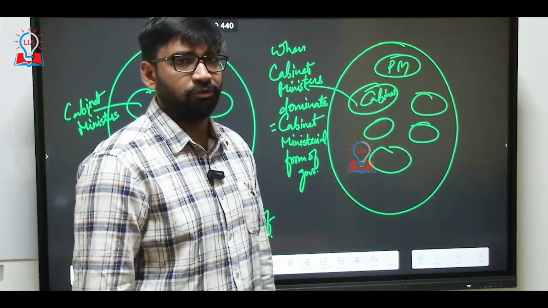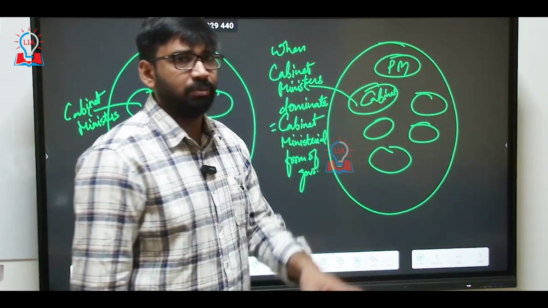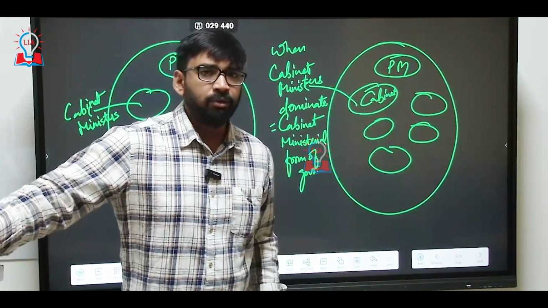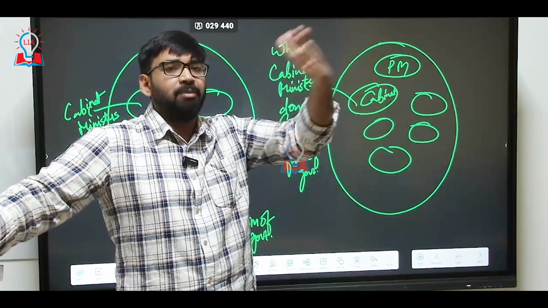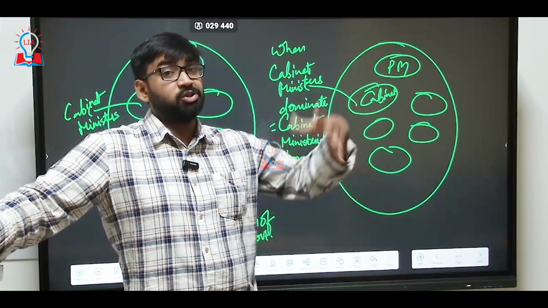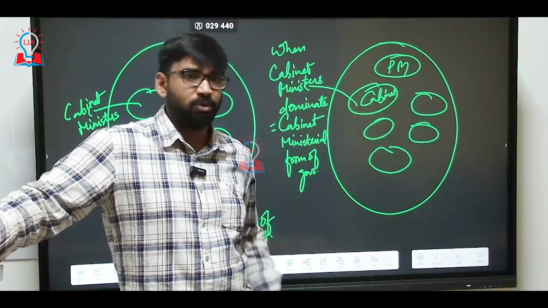This much is clear to all of you. So in a parliamentary setup, there are two kinds of government. When the prime minister is strong, then prime ministerial form of government. When cabinet ministers are strong, then cabinet ministerial form of government.